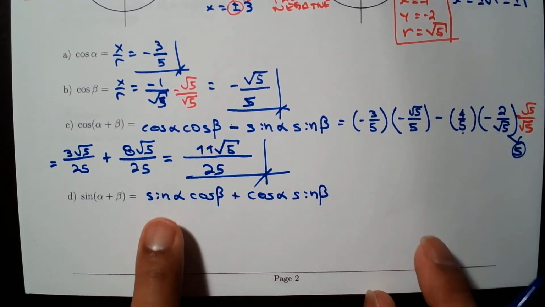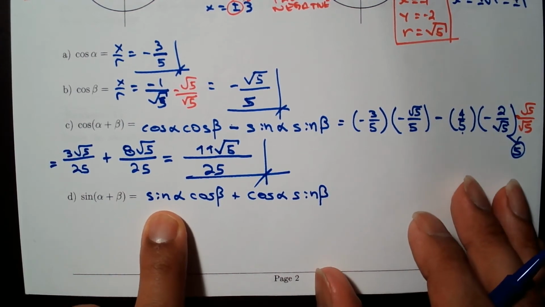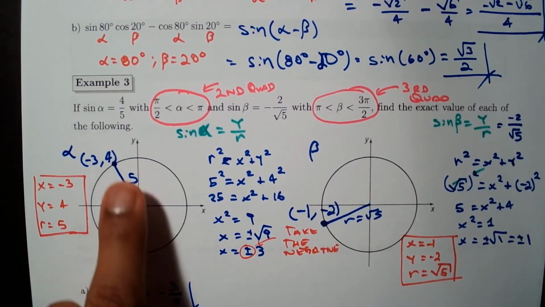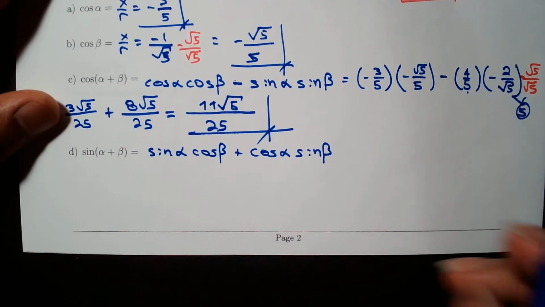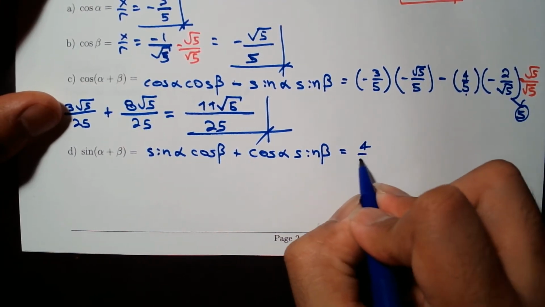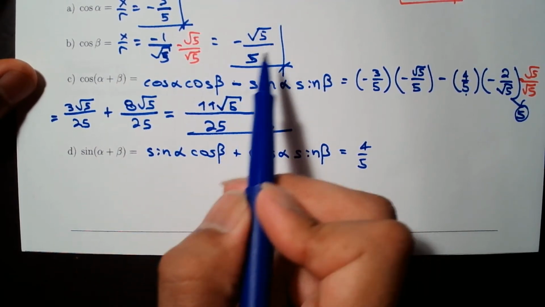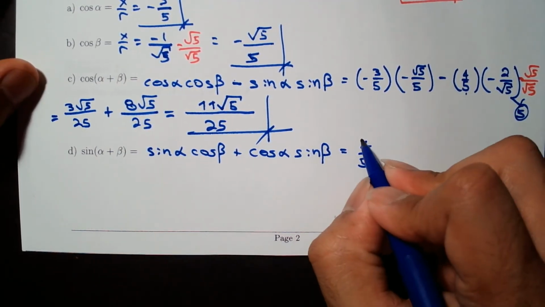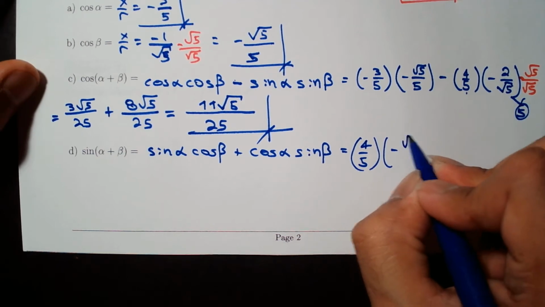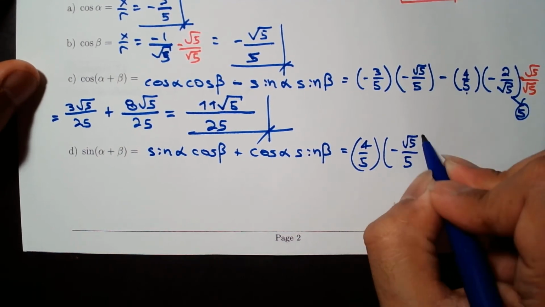Okay, well, sine alpha, again, was given in the problem. Sine alpha is 4/5. Cosine beta, we figured that one out over here, negative root of 5 over 5.